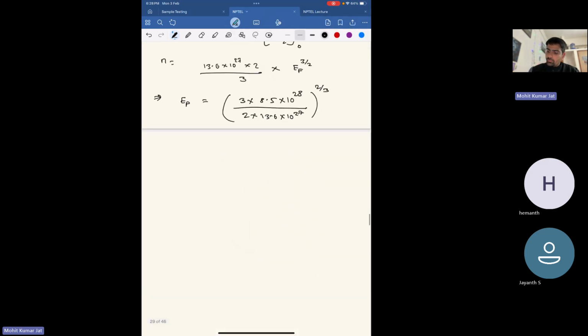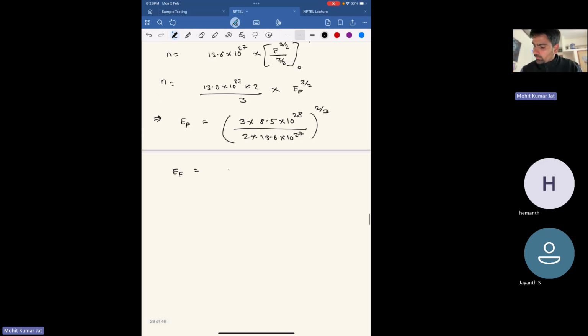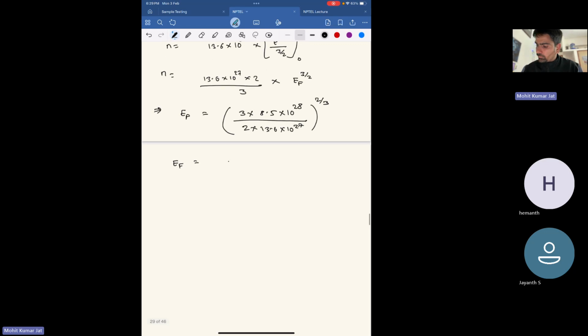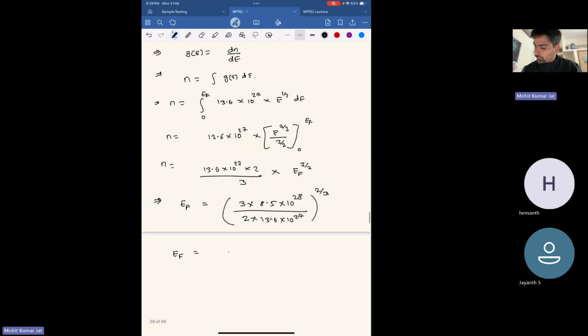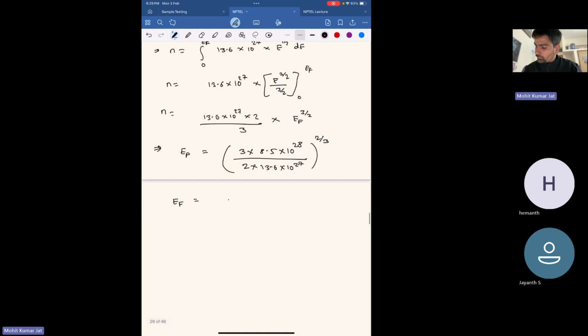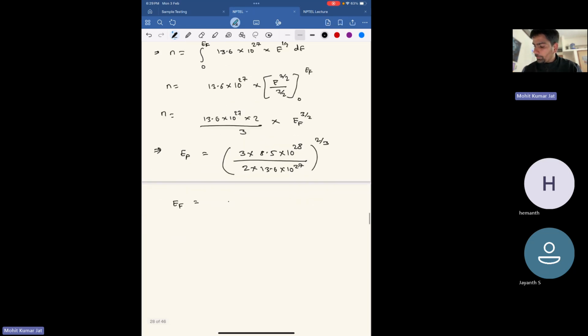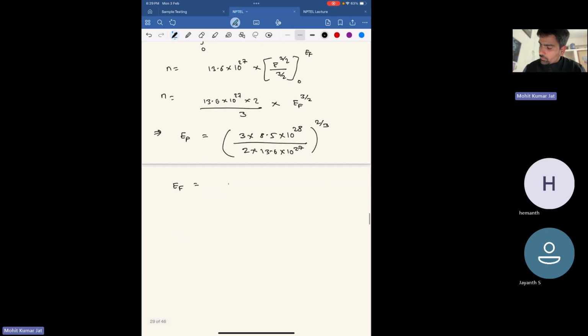If I solve it, this will be 3 into 8.5 × 10^28.